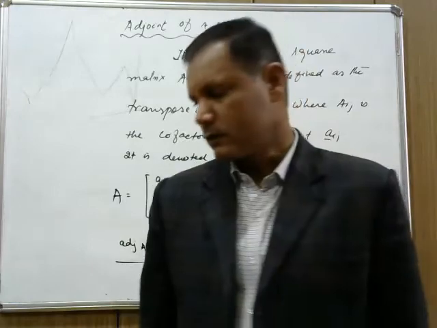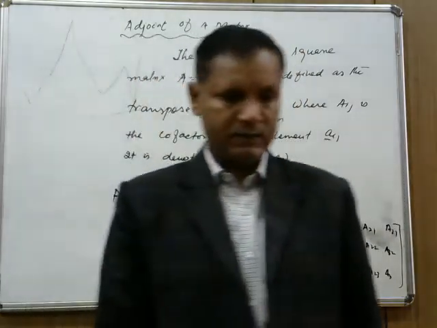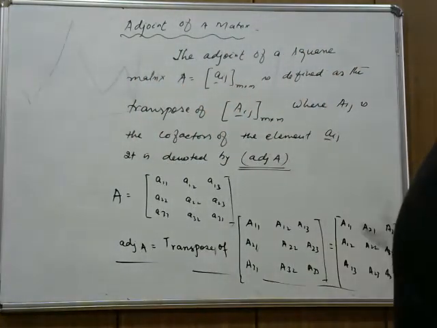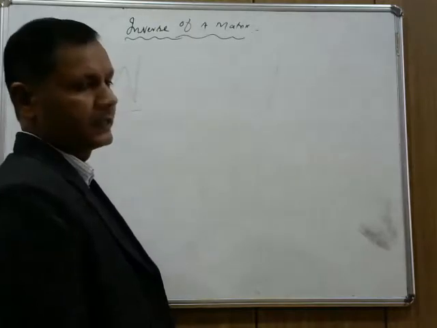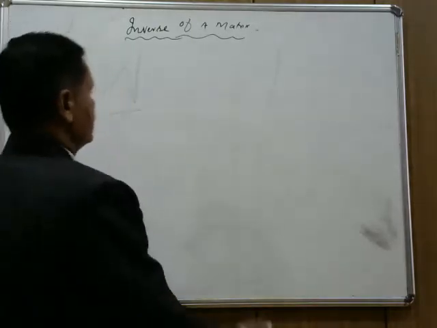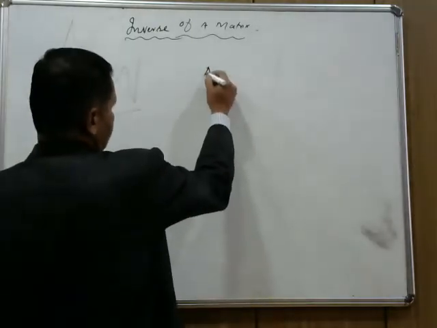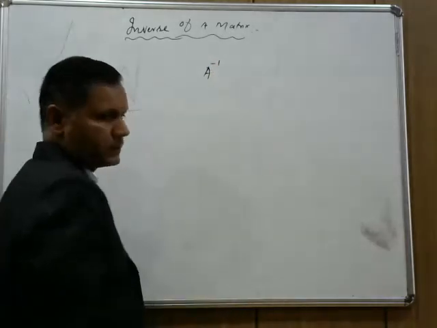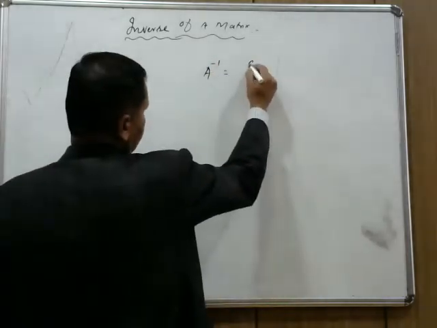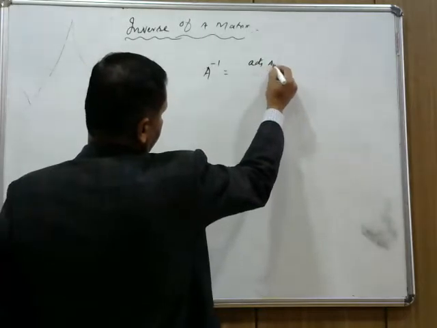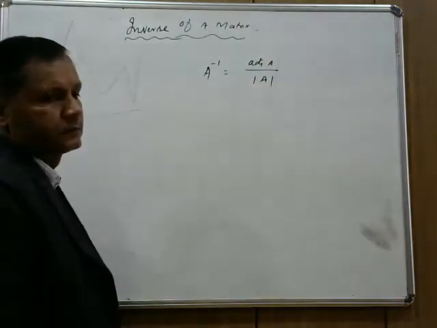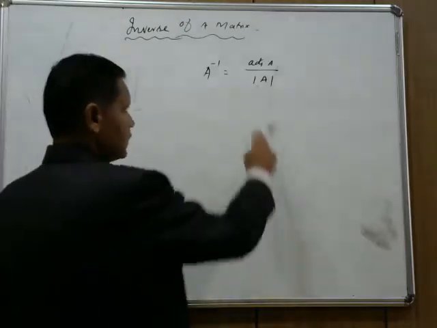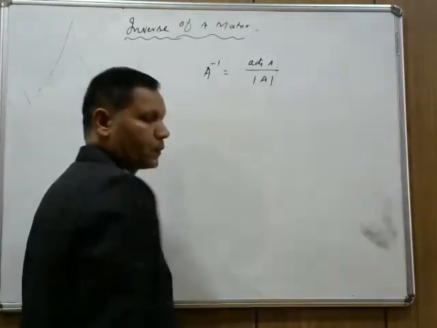And now I will discuss the inverse of a matrix. Very simply, for any given matrix A, the inverse of the matrix A is denoted by A inverse, and it is equal to adjoint of A upon determinant of A. And of course, determinant of A should not be equal to 0.